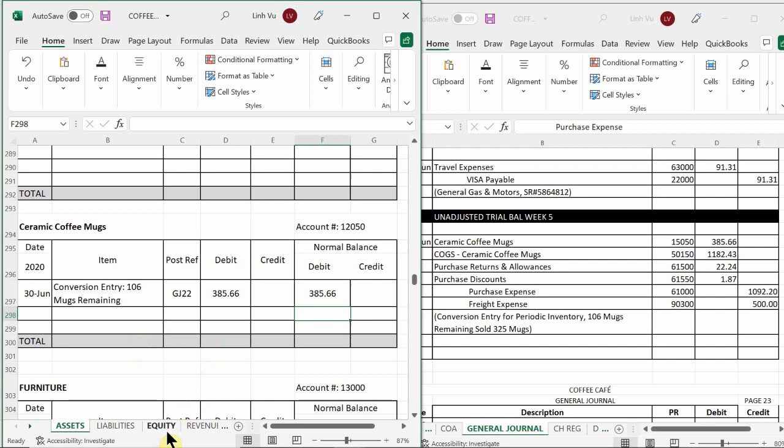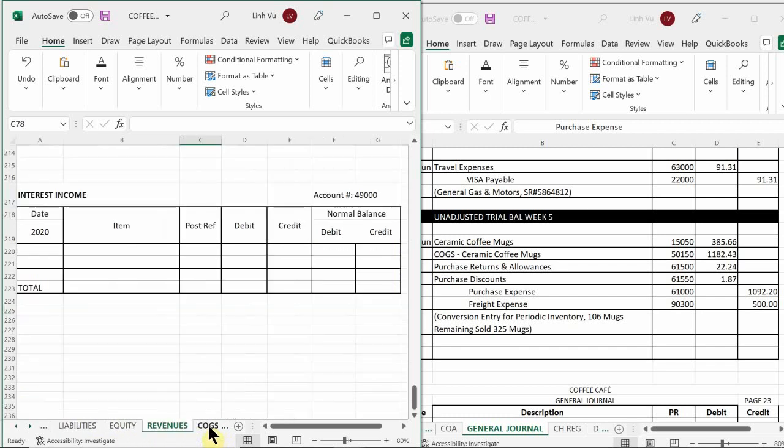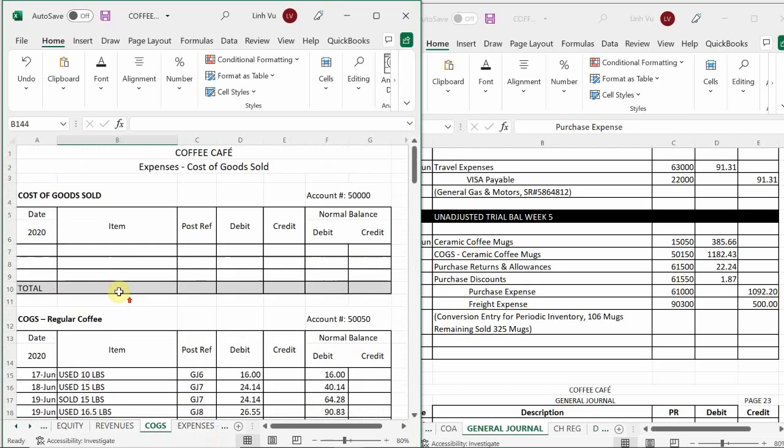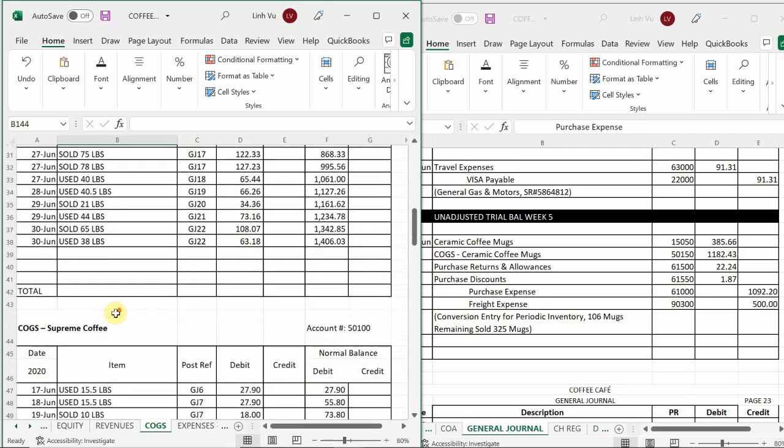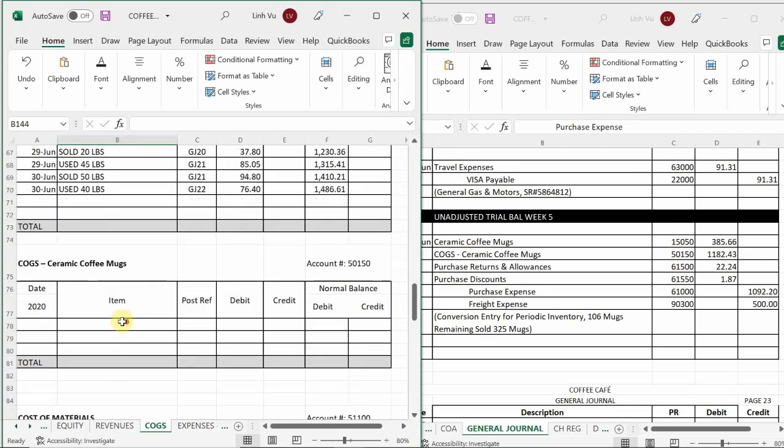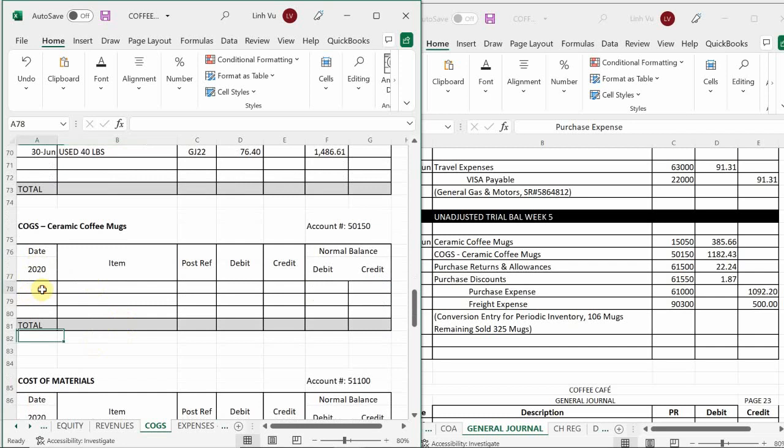Next thing I have on my list here is the cost of goods sold. So I need to update my cost of goods sold for the ceramic coffee mugs. So here's regular Supreme, and here's the ceramic coffee mugs cost of goods sold. Today's the 30th. I can make a note that this is a conversion entry, and that I have sold 325 mugs.